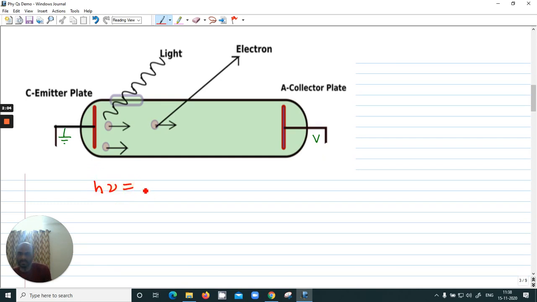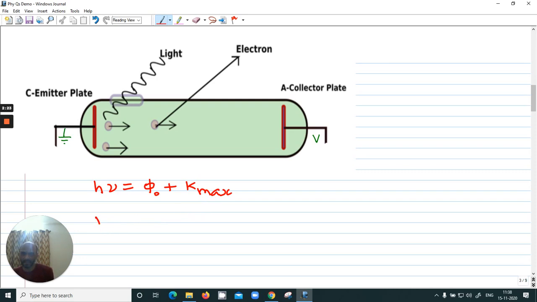The energy of the incident photon, h nu, goes in ejecting the electron out of the metal surface and imparting it a kinetic energy. And this kinetic energy is called maximum kinetic energy because we are assuming that the other forms of energy dissipation are not there.